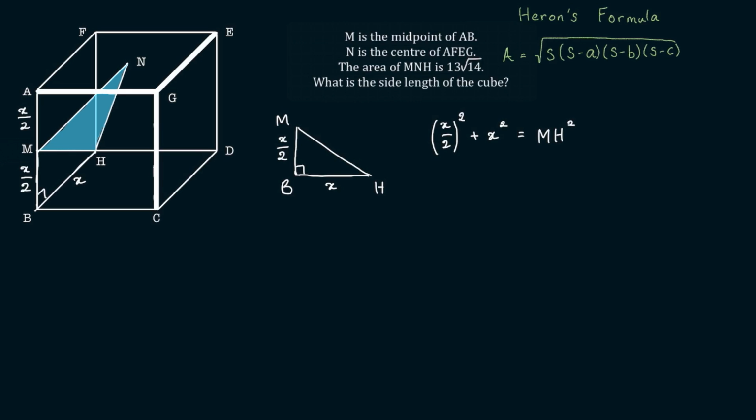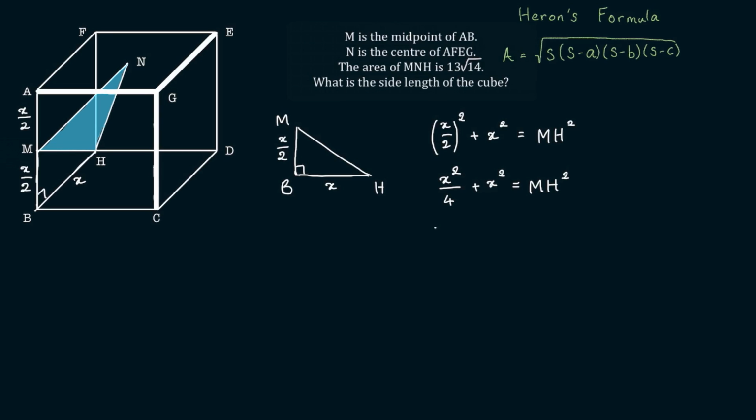So this is going to equal MH squared. If we expand the left side, we get x squared over 4 plus x squared is equal to MH squared.